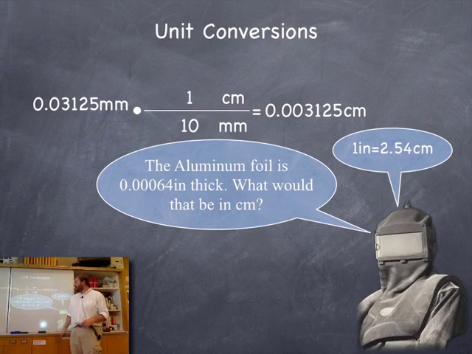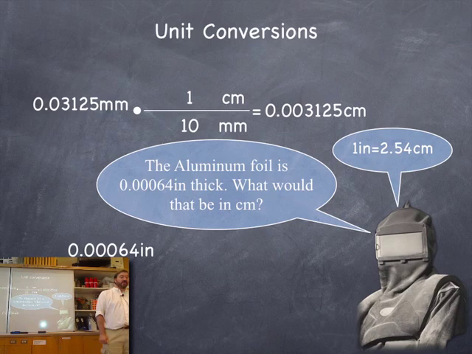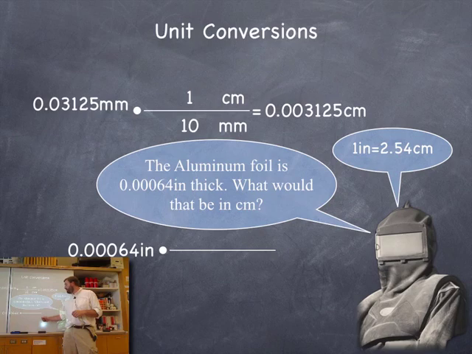We had our 0.00064 inches. We're going to set up the conversion to do that. I want the inches to go away, so I put the inches on the bottom. And what am I trying to get to? Centimeters. So I can go ahead and set up that ratio.